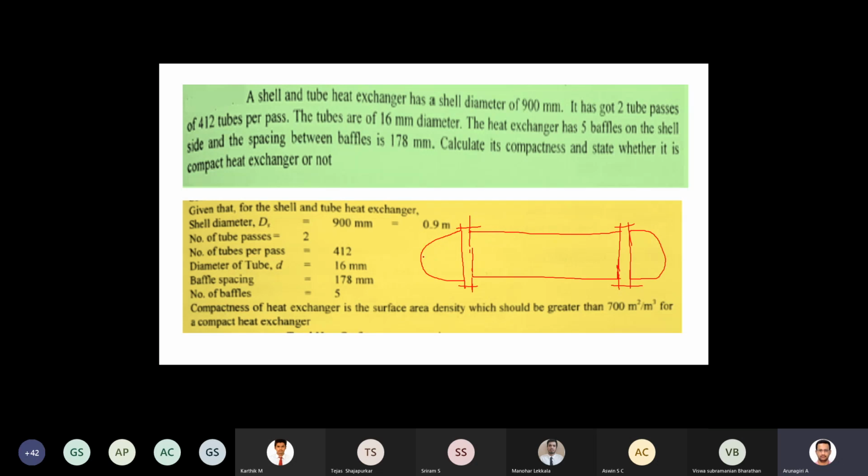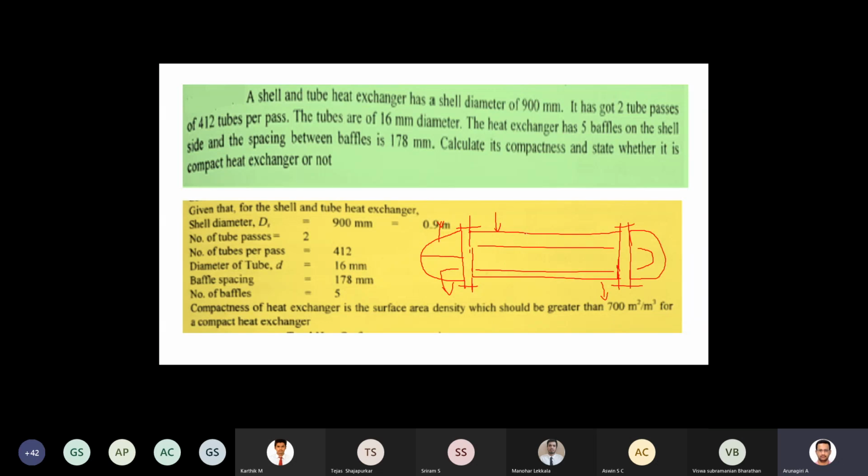Okay. So here you have the back partition plate. Your shell side plate goes like this, and goes on. Okay, this is your shell side feed in, shell side feed out.